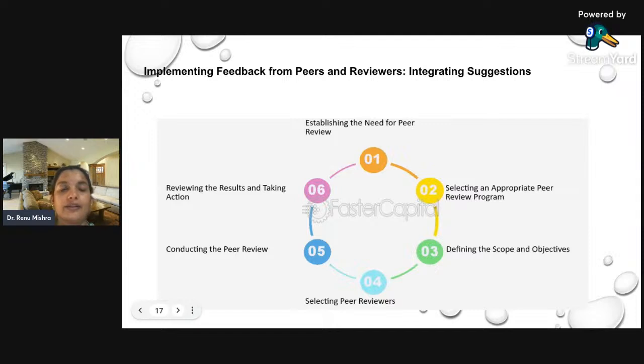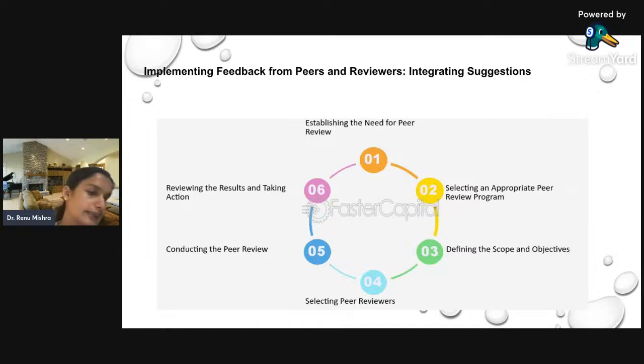Firstly, you need to understand that yes, I need to know from my peer how my work is. Unless and until you are at that stage, where you feel you need your work to be assessed by your peer, you won't go ahead with that. Okay. Then selecting an appropriate peer review program.